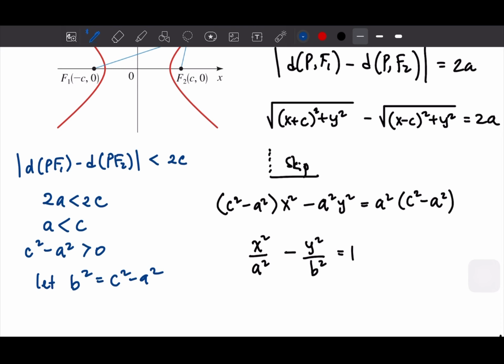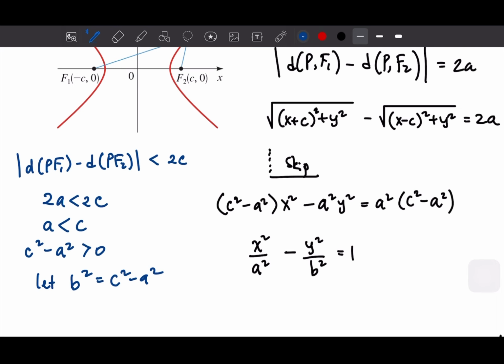And of course, you will notice that this negative sign will give you clear differences from the ellipse. Not only different signs, but if you take the intercepts, let's say x equals 0, we're going to have y squared equal minus b squared, which has no real solutions.